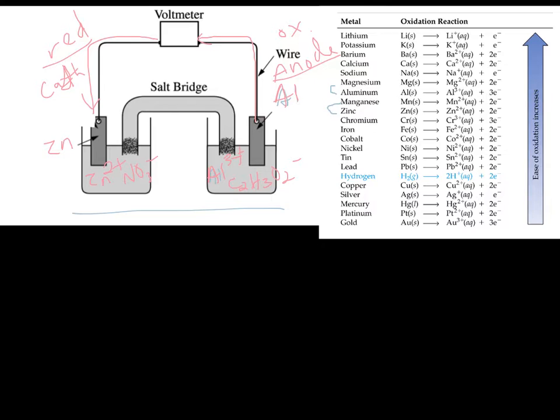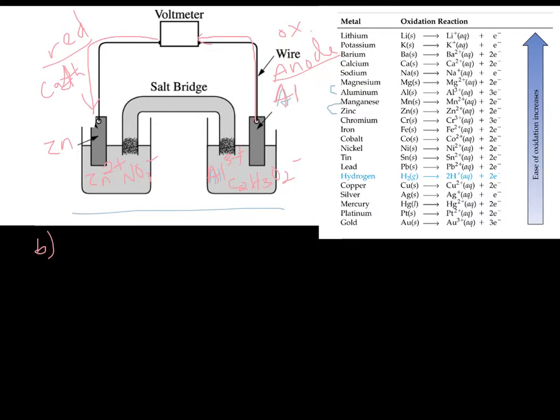Now, B says that we are to write the half reactions and the overall reactions. So for my half reactions, I'm going to write the oxidation reaction and the reduction reaction.